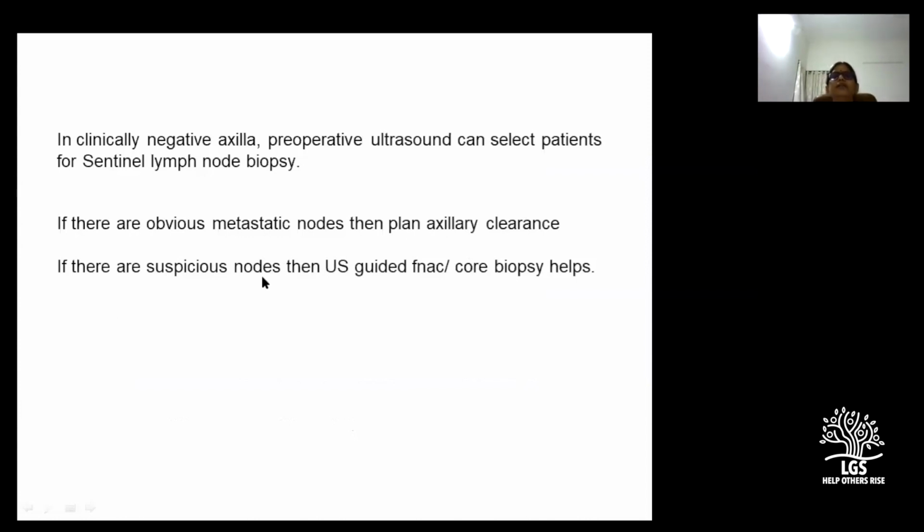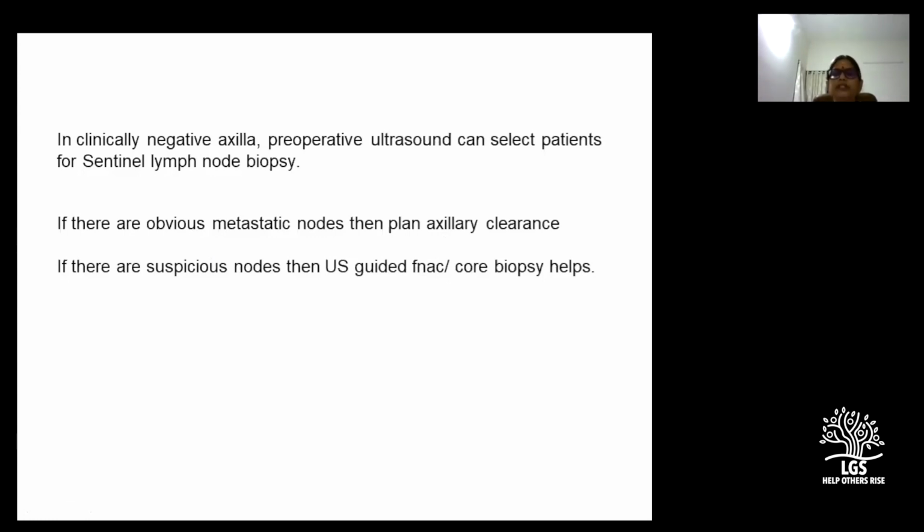So earlier we would selectively biopsy these nodes, FNAC and core biopsy. Now, even if they are obviously metastatic, we still put a needle into it and biopsy, because particularly in our country, we have a lot of tuberculous nodes, and they also look metastatic, and then we end up clearing all of them unnecessarily.